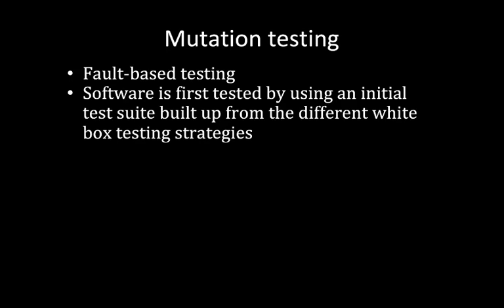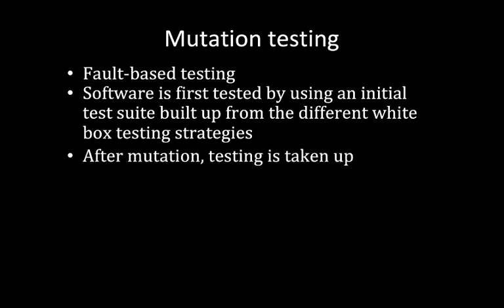What we do is, the software is first tested using the initial test suite. We have a test suite built from the different white box testing strategies, a set of test cases, and we test the software using those test cases. Then we perform mutation. That is, we simply change the statements. If the first statement is A = B + C and the second statement is B = B * C, we will mutate that by making the second statement first and the first statement second.